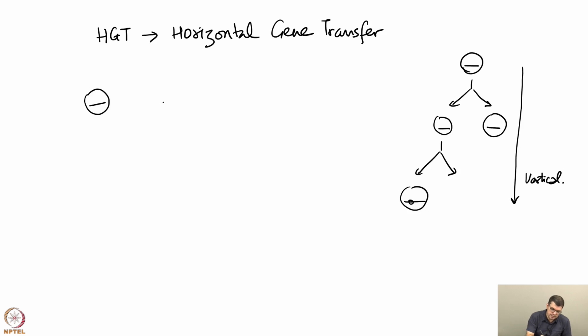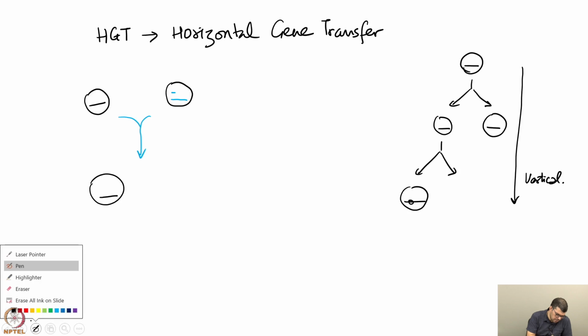As against this, a few decades ago it was found out that actually bacteria have this phenomenon that if they are carrying pieces of DNA, they can trade DNA, where this individual can actually acquire a little piece of DNA from that individual.